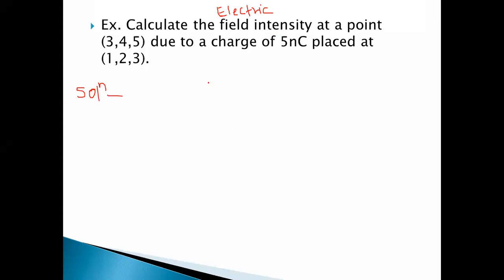We'll see the solution directly. First we will locate the point, then we can find the electric field intensity. Every time, just understand how these points can be located here.